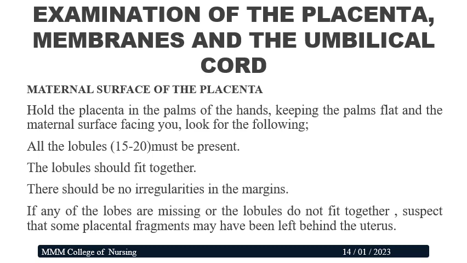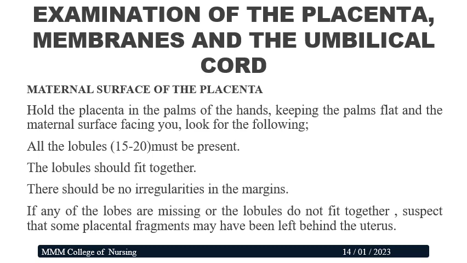On the maternal surface, the structures we see are the cotyledons. All the lobules should be present. There will be at least 15 to 20 lobules on the maternal surface of the placenta, and these lobules or cotyledons should fit together. There should not be any irregularities in the margins.